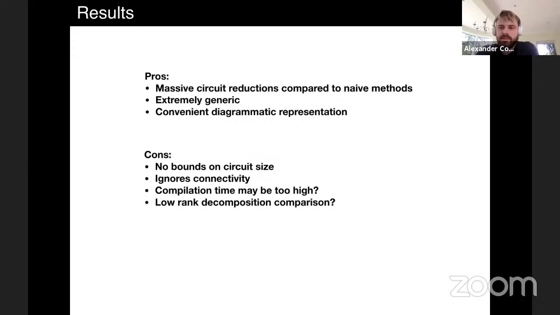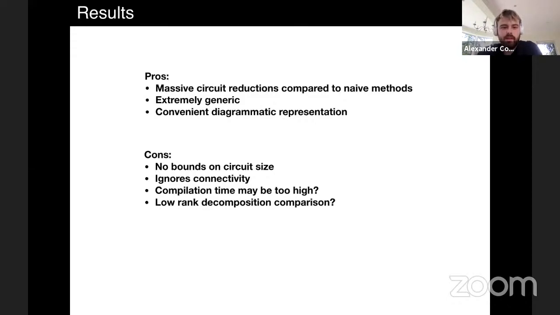So on the plus side, this method is extremely generic, so it works for any structure of the form of this trotterized product of Pauli exponentials. It admits a very convenient diagrammatic representation, which lets us manipulate it in a way which is fairly easy to describe and reason about, and we get some pretty large circuit reductions.